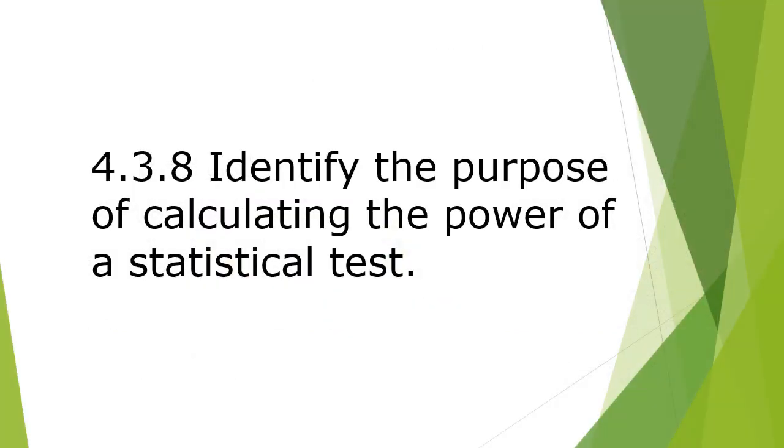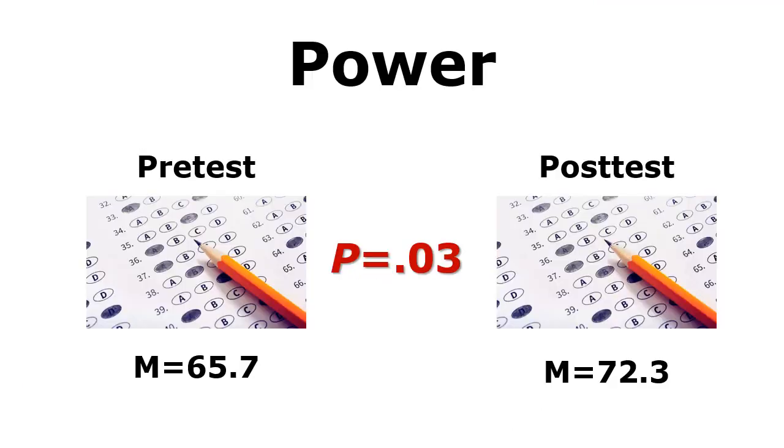And finally, for 438, you should be able to identify the purpose of calculating the power of a statistical test. The power of a statistical test is calculated to determine the likelihood that significant differences observed between groups of subjects do in fact really exist.